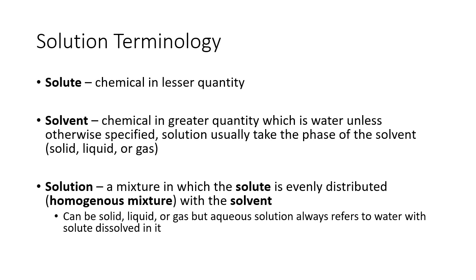And finally, a solution is a mixture in which the solute is evenly distributed with the solvent, so it's a homogeneous mixture. A solution can be a solid, liquid, or gas solution, but aqueous solution always refers to water with the solute dissolved in it, and we give it the designation AQ in a balanced chemical equation.